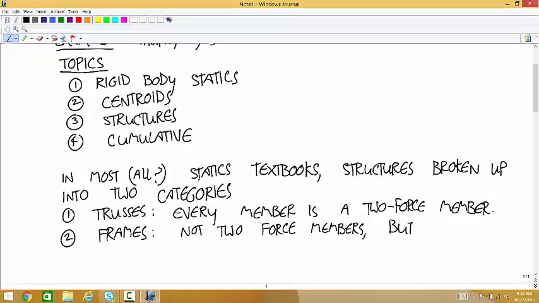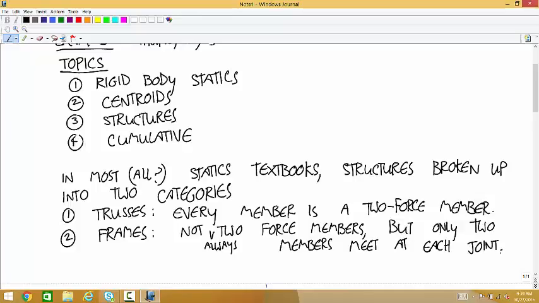Well, they can be, but not necessarily. Not always. But you only have two members meeting at each joint. Okay. And that's been the way statics has been taught for many decades.